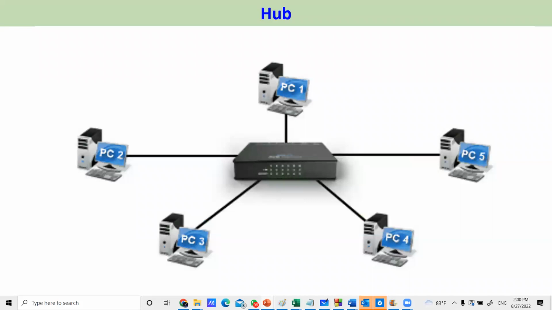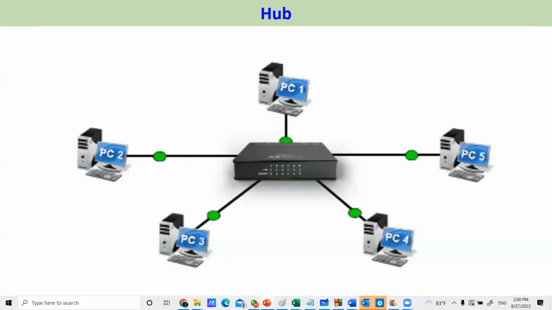Therefore, whatever data it receives, it sends to all the computers in the network. The hub is not able to identify the destination of the data. That's one weakness of the hub. Actually, hubs are not normally used nowadays. It is an older type of device. Before 10 or 15 years, hubs were used in networks.